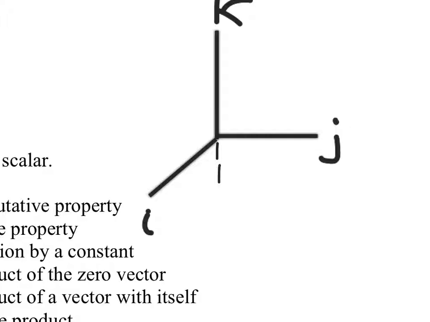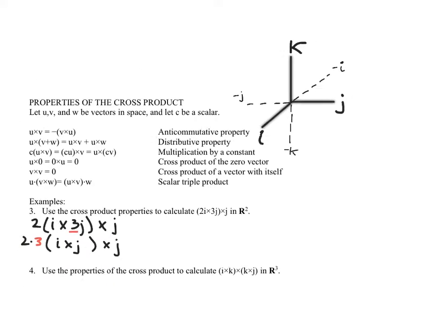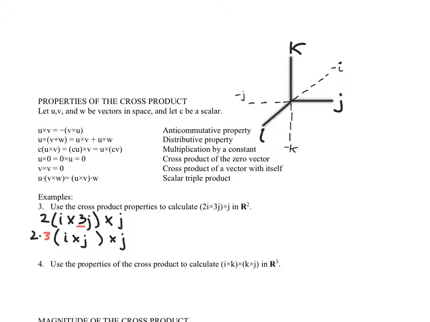So here's negative k. Negative j, negative i. All right, if you have a general sense of what the i, j, k axes or the x, y, z axes look like, then you could kind of piece together what you're looking for.